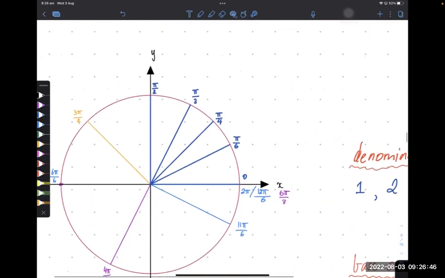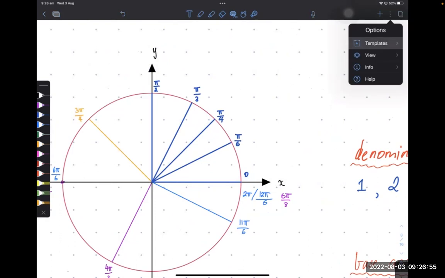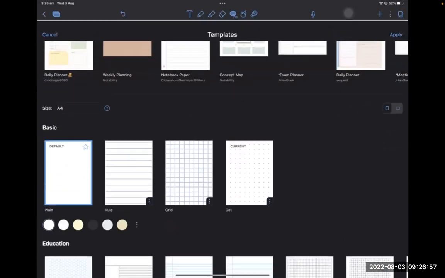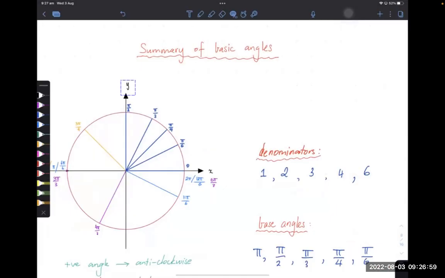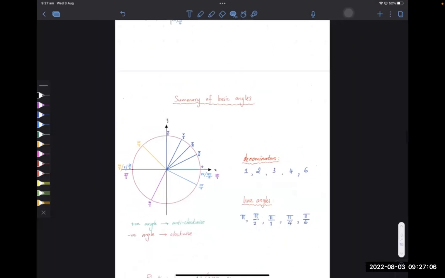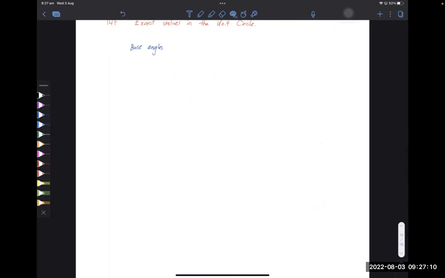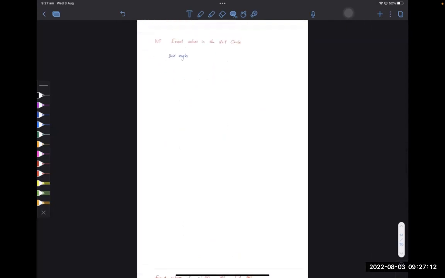Now, what I'm going to do here is I'm only going to capture the first quadrant. Because this is where our base is, right? So on your page, I'm going to do it like this.